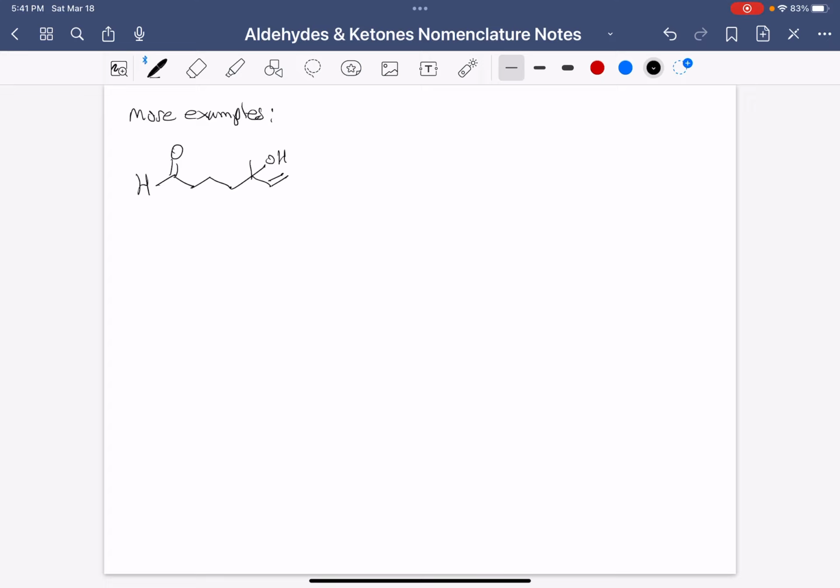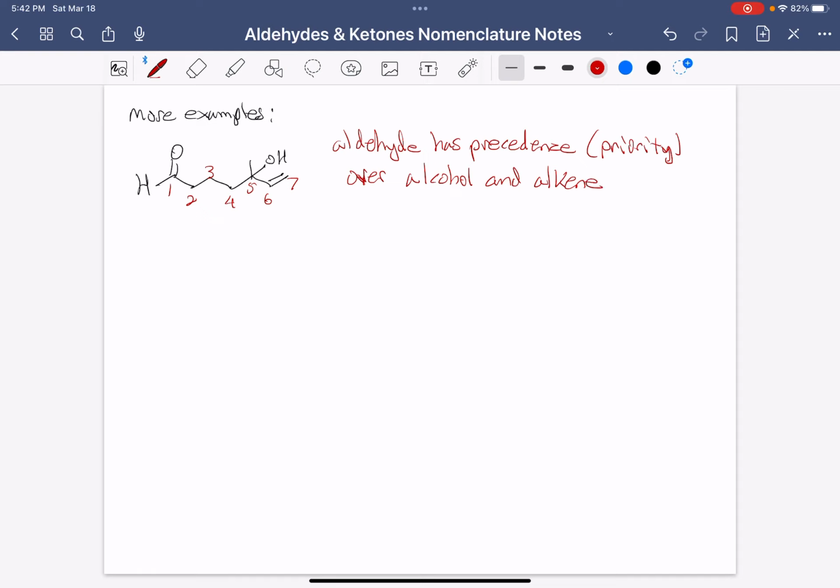Now, when we go to number this, we are going to start with the aldehyde. So in this case, the aldehyde has precedence or priority over the alcohol and the alkene.